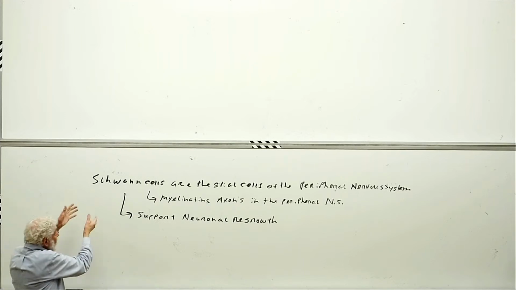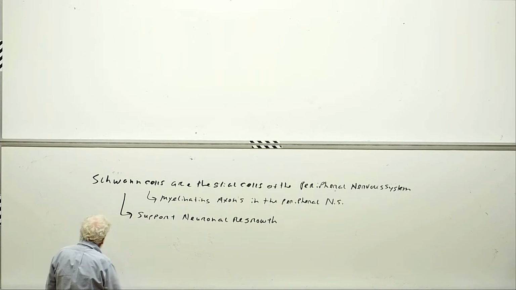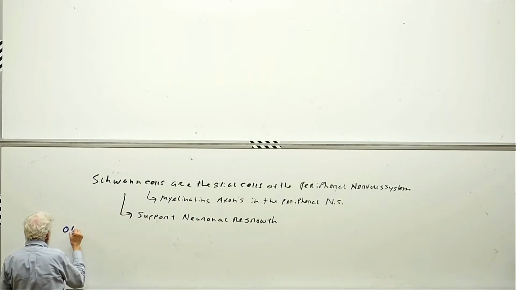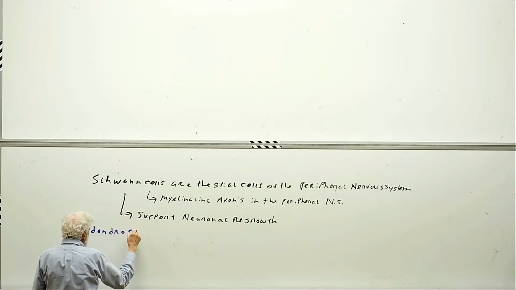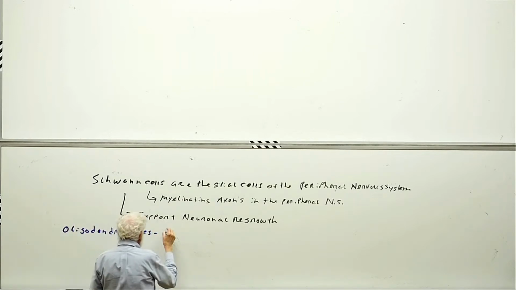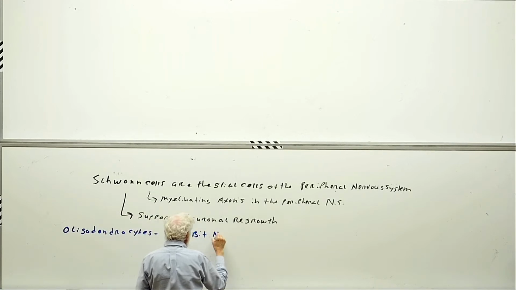So the long and the short of it is the Schwann cells support neuronal regrowth, but if we look at oligodendrocytes, oligodendrocytes inhibit neuronal regrowth.